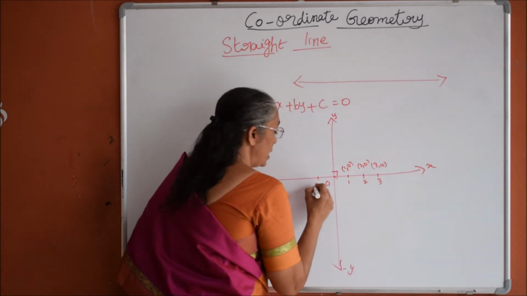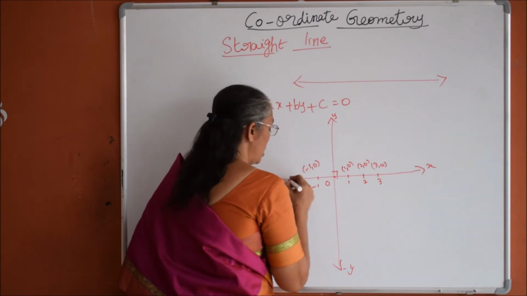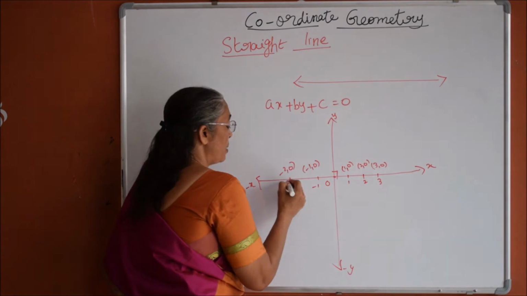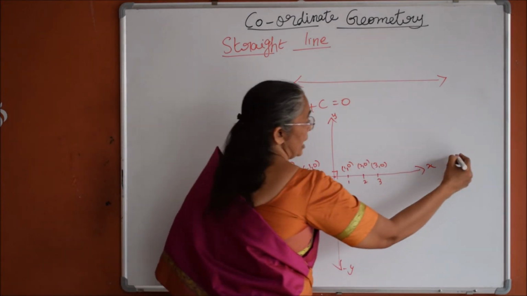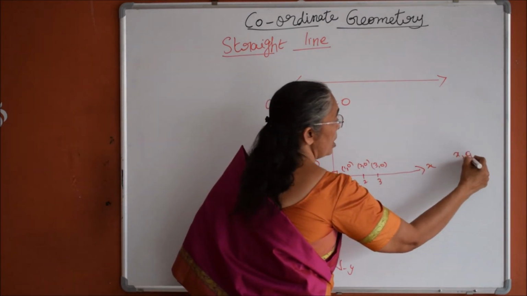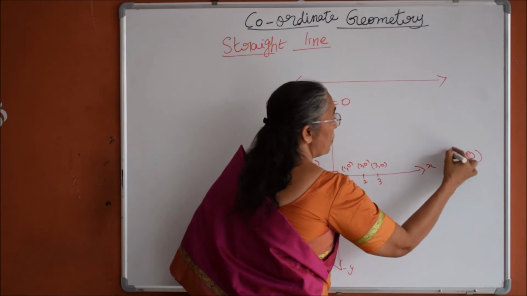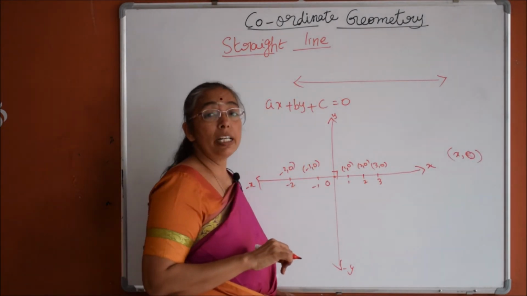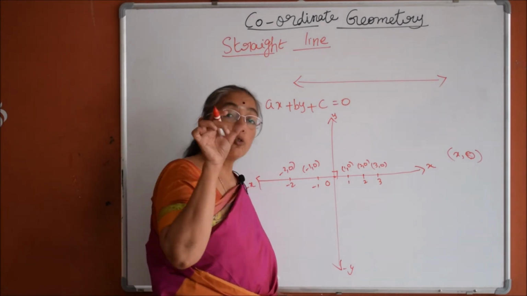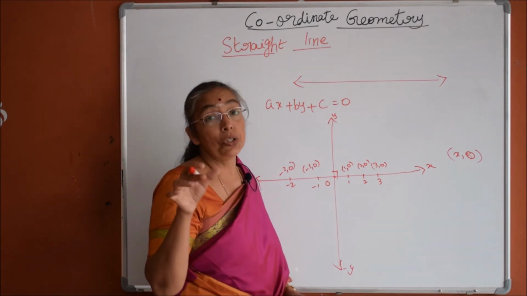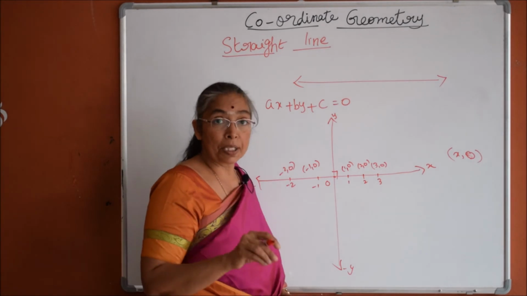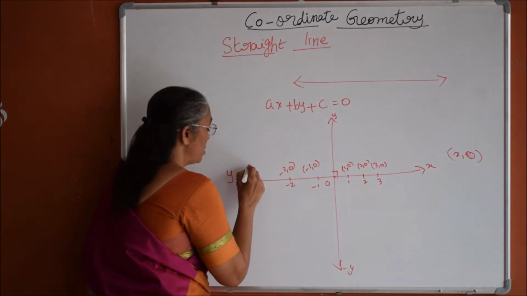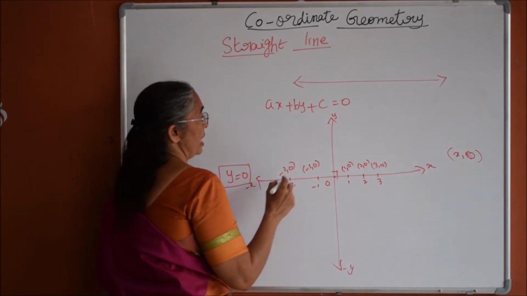And similarly on the negative side, minus 1 comma 0, minus 2 comma 0, right? So every point on the x-axis will be in the form of x comma 0, which implies the y coordinate, the ordinate, is 0. That means y is equal to 0. That will represent the equation of the x-axis. y is equal to 0, the equation of the x-axis.